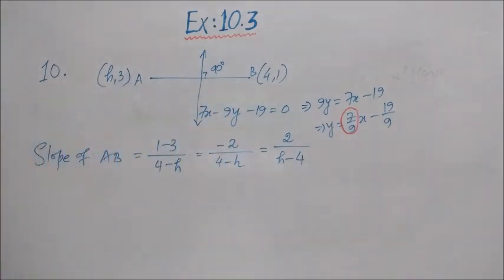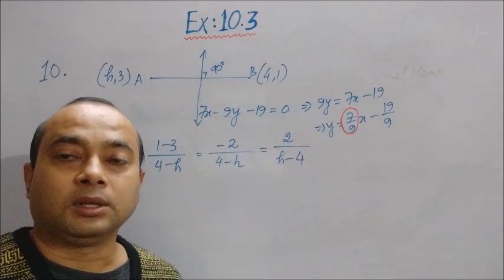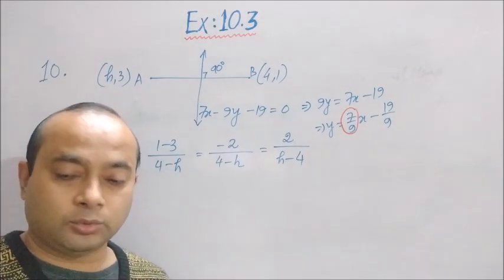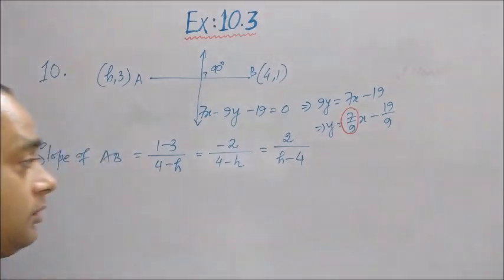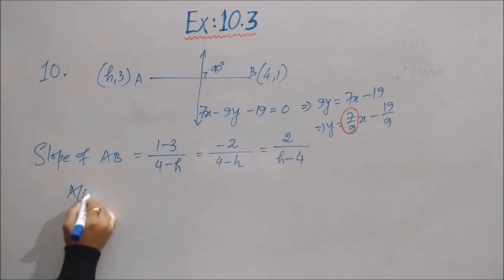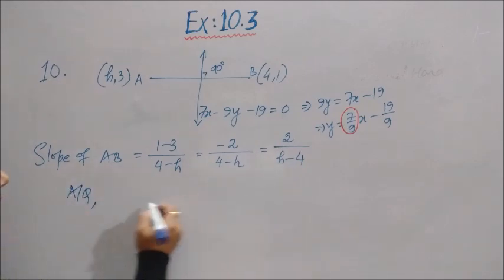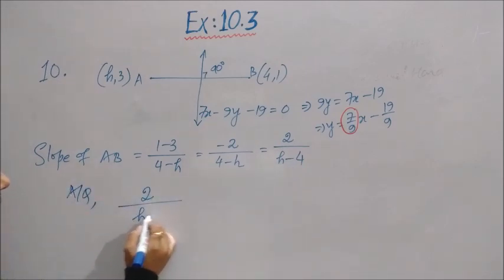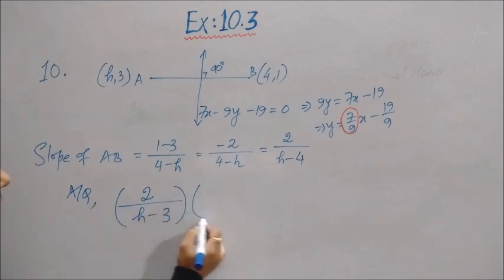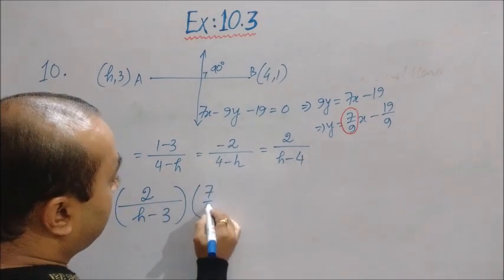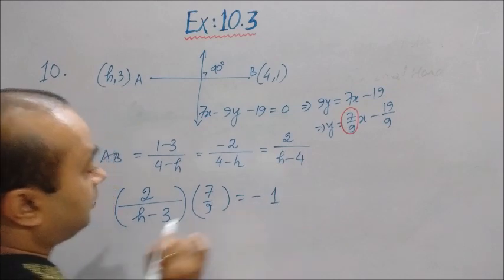And we know that if two lines are perpendicular, their slopes relate as m1 m2 equal to minus 1. So I'll write down, according to the question, slope of this line 2 by h minus 4, m1 m2, into 7 by 9 is equal to minus 1.